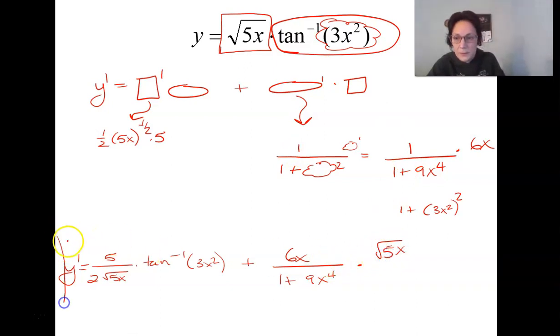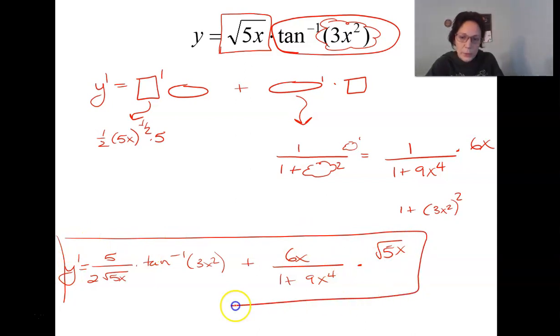There it is. Again, you could bring that over into the numerator. There's not a whole lot you're going to be able to do simplification-wise here. But why would you want to? Look at that beautiful answer.